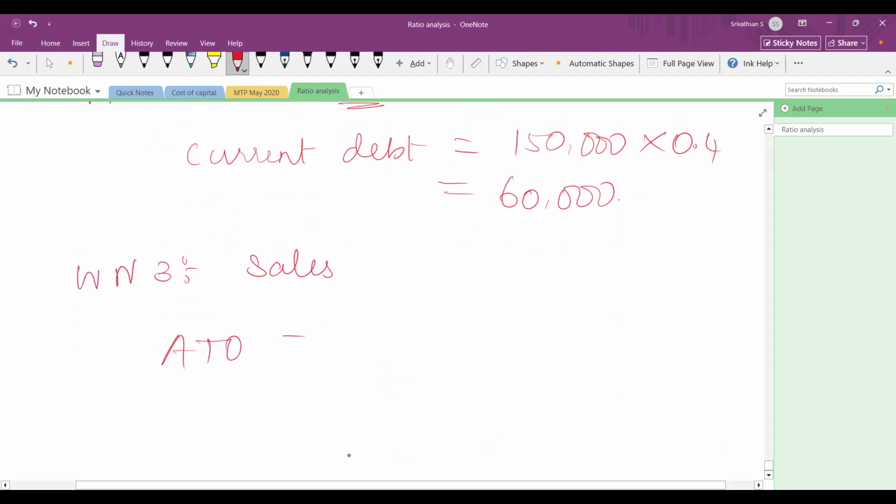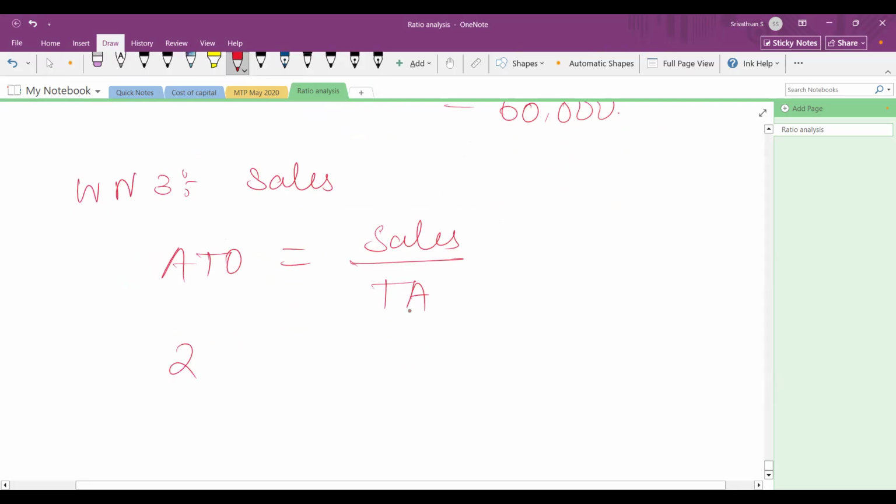Asset turnover ratio is equal to 2 times, which is sales by total asset. 2 is equal to sales, which we don't know, by total asset 3,50,000. So total sales will be 7 lakh.